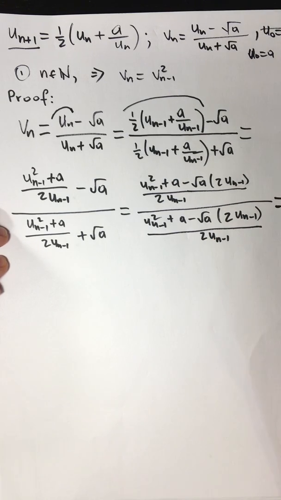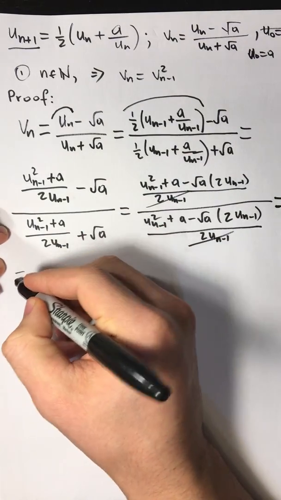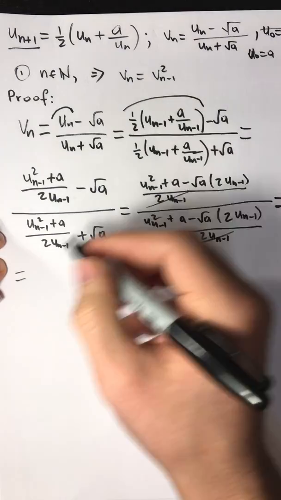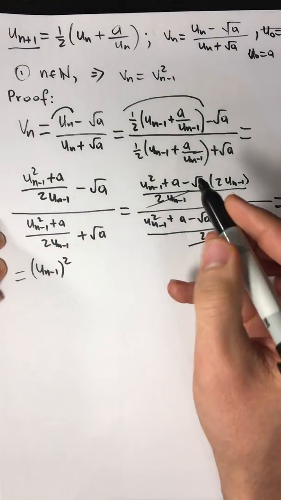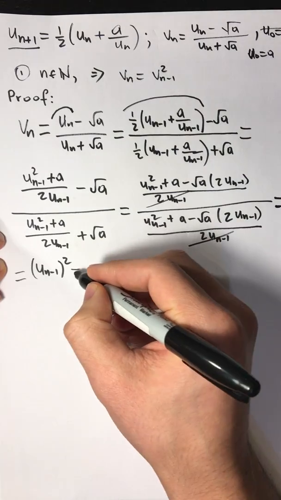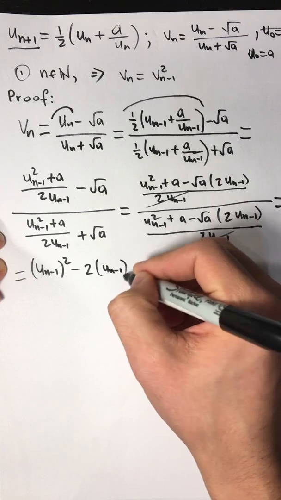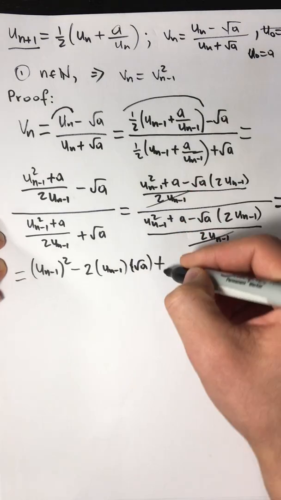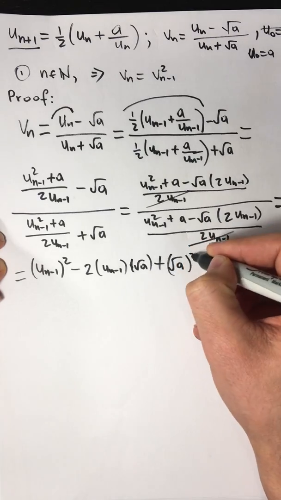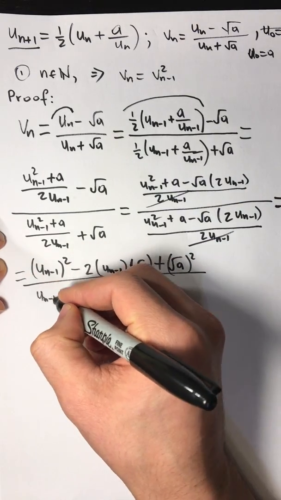Okay, continue. So this one cancel, and here I change the expression a little bit. So I'm not changing it, but in a different way. So I write this one first, minus 2 times, I write un minus 1 first, and then root a, and plus, instead of a, I can write root a square divided by, with the denominator, same thing, un minus 1.